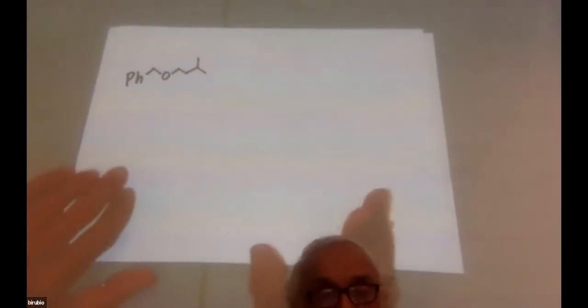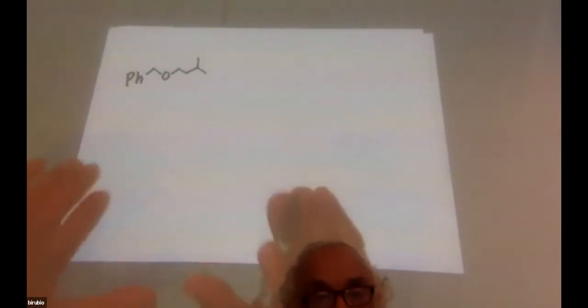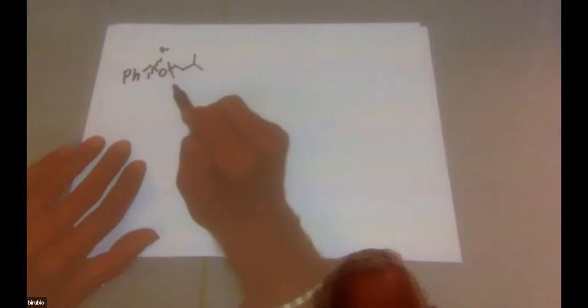So many ethers can be synthesized in two ways using Williamson technology. So I'm going to call this route A. I'm going to call this route B.